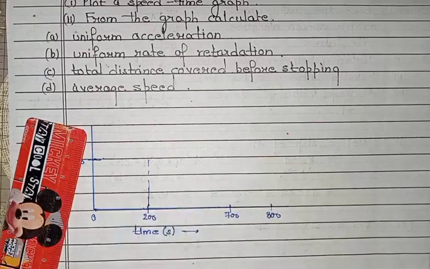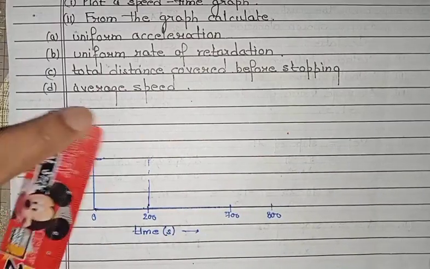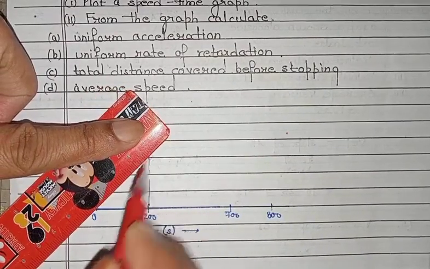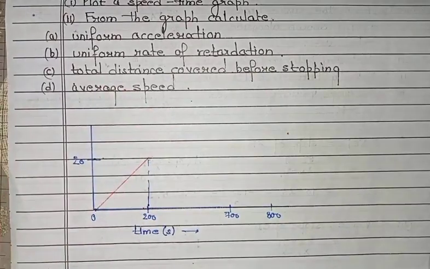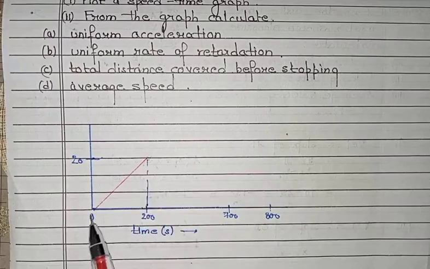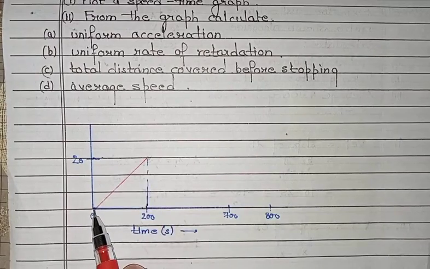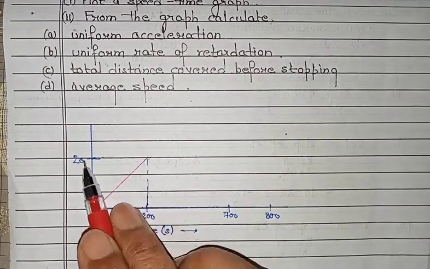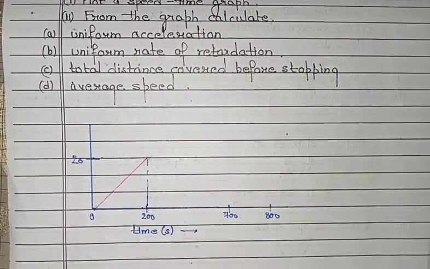So your sketch for this will be this way. This sketch is showing that speed is increasing from 0 to 20 in 200 seconds.